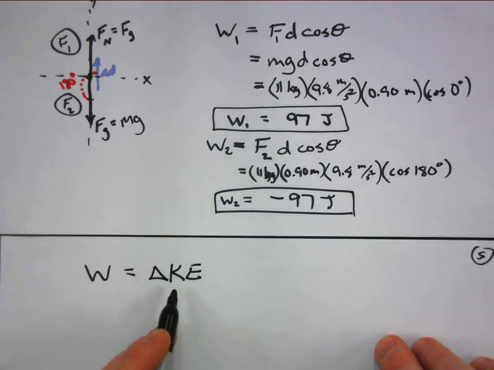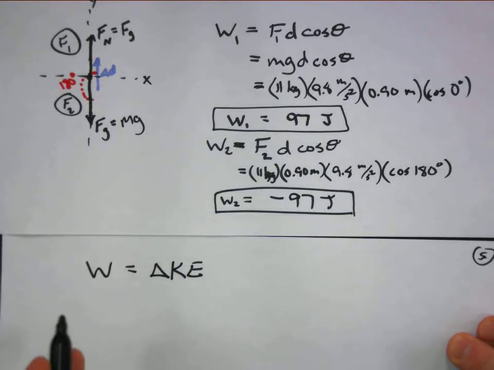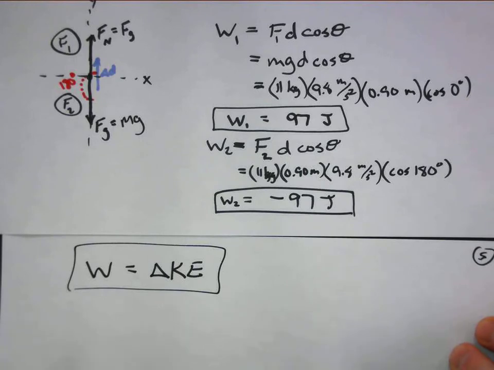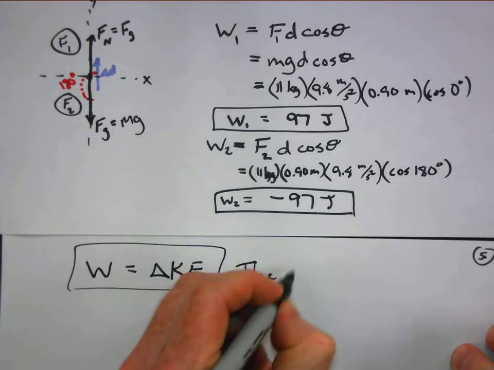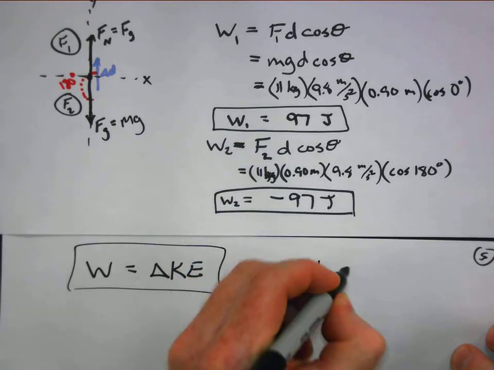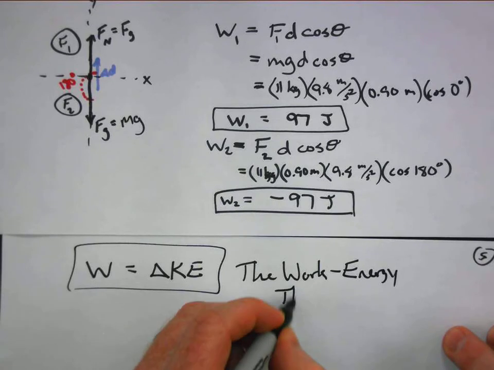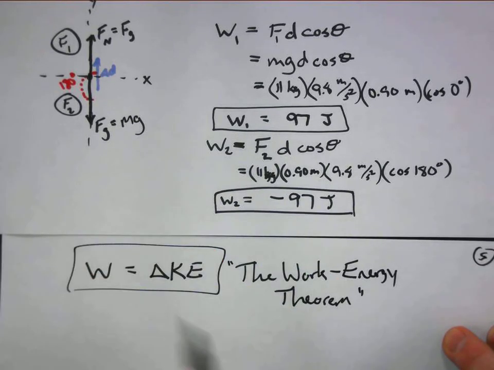So if its motion is changing, like if its speed is changing, really, then work was done. However, there's something important about this. This is a very important equation, by the way. It has a name, in fact. It's called the Work-Energy Theorem. When you hear about the Work-Energy Theorem, that's it.